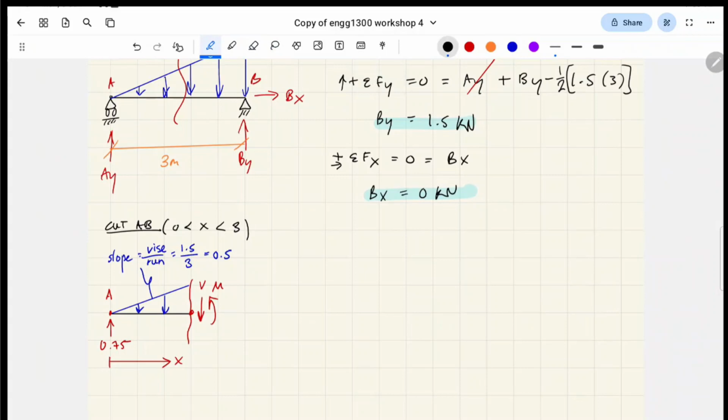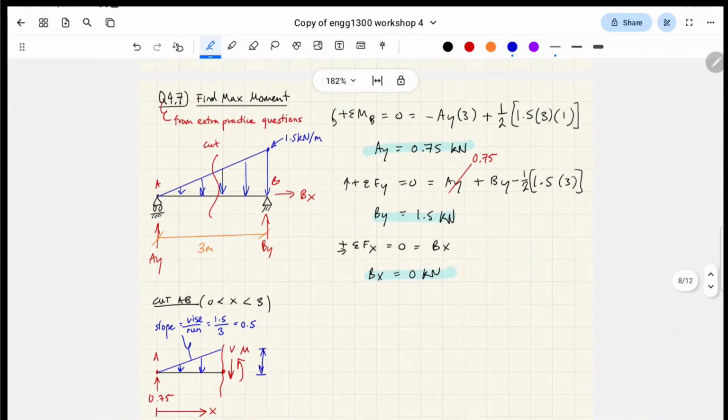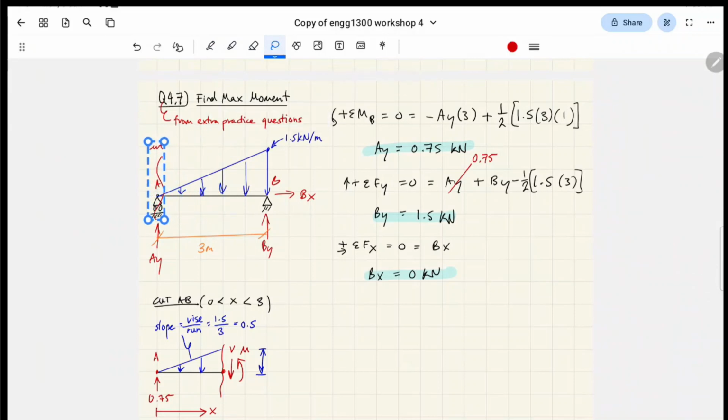It might get confusing, because we have to work out the height of this triangle, and this is going to be a function of x. With this technique, we have a cut that is going to be moving. It starts here, and we want to derive a function for this cut as you go along the entire beam.